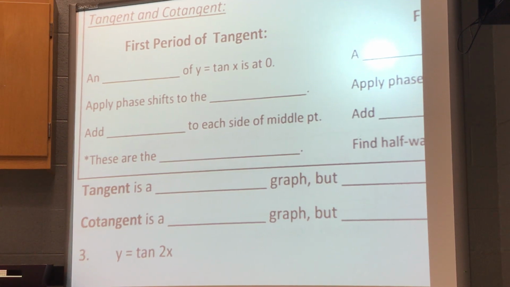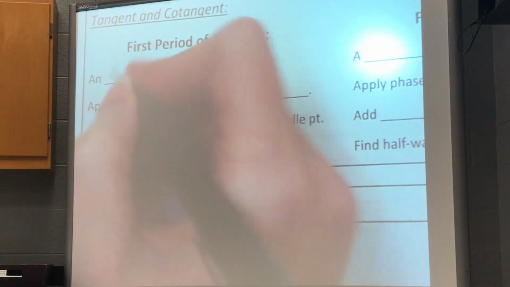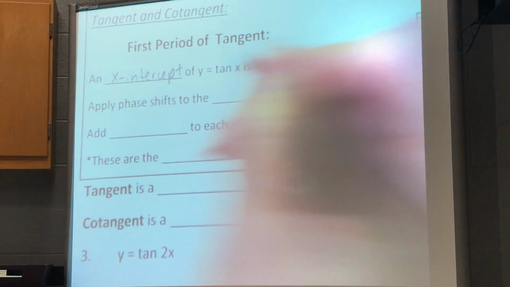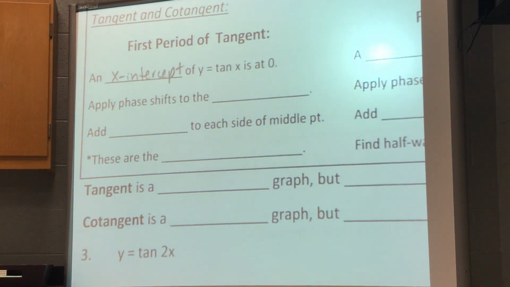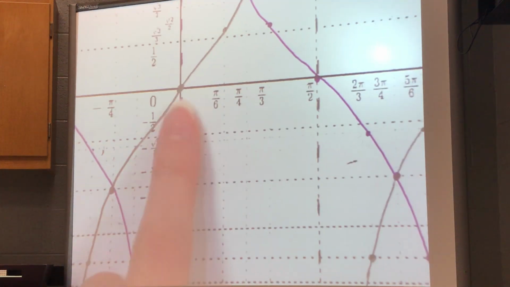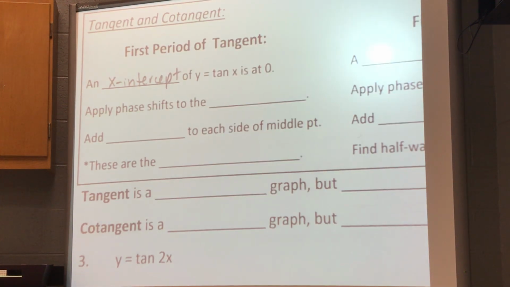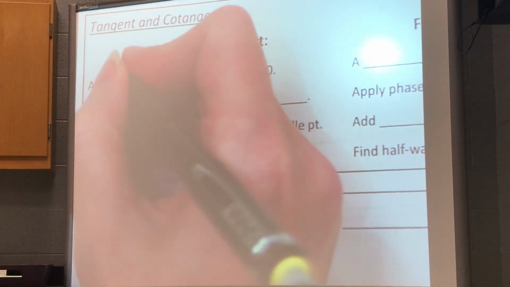So the x-intercept of y equals tangent is at 0, and we just saw that when we put in the angle at 0, we got 0. So that's a little different. So that's going to be the middle of the period.